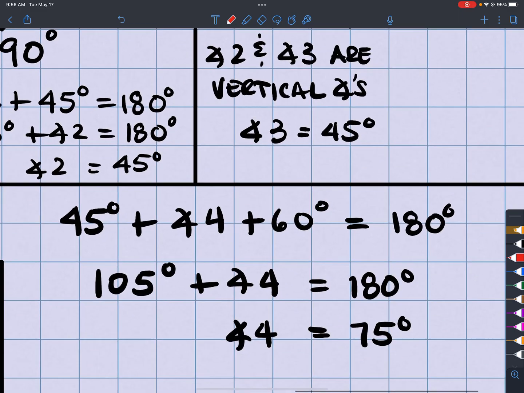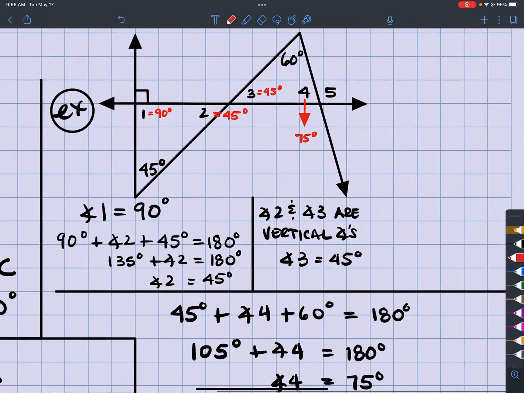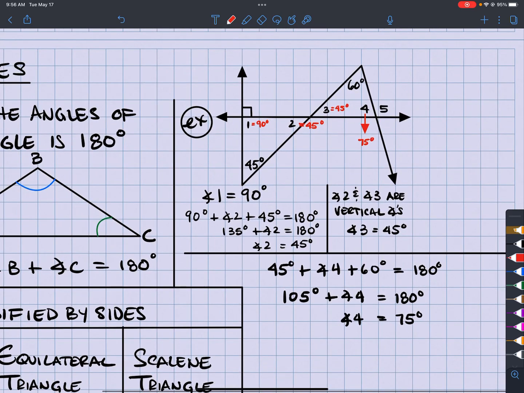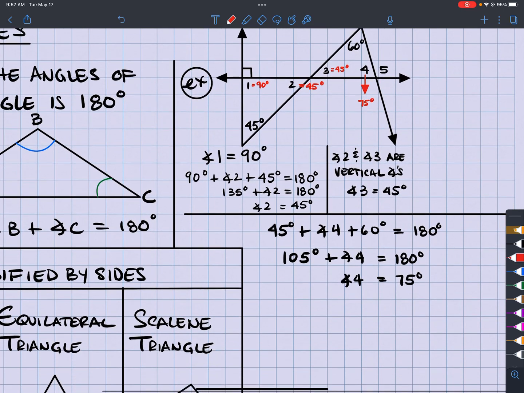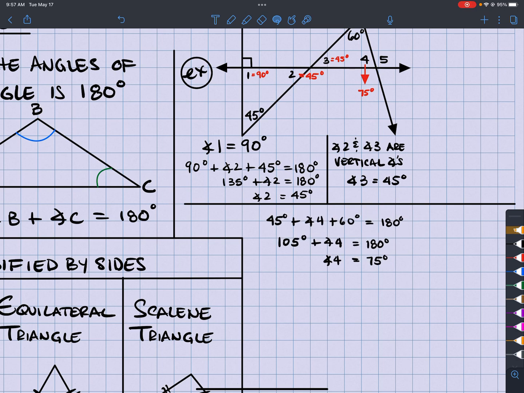So now I know that angle 4 is 75. All right, so what do I know about angle 4 and angle 5? That's right. That makes straight angles, right?